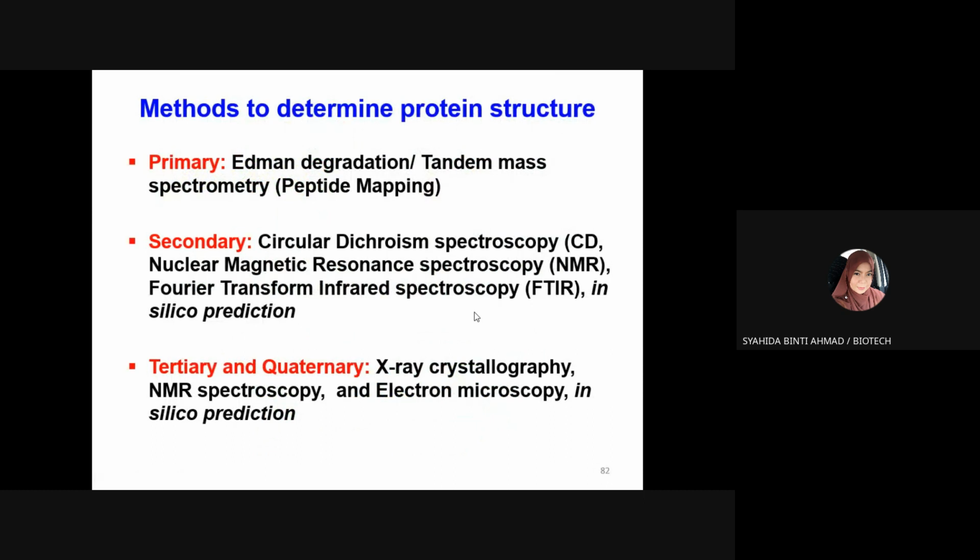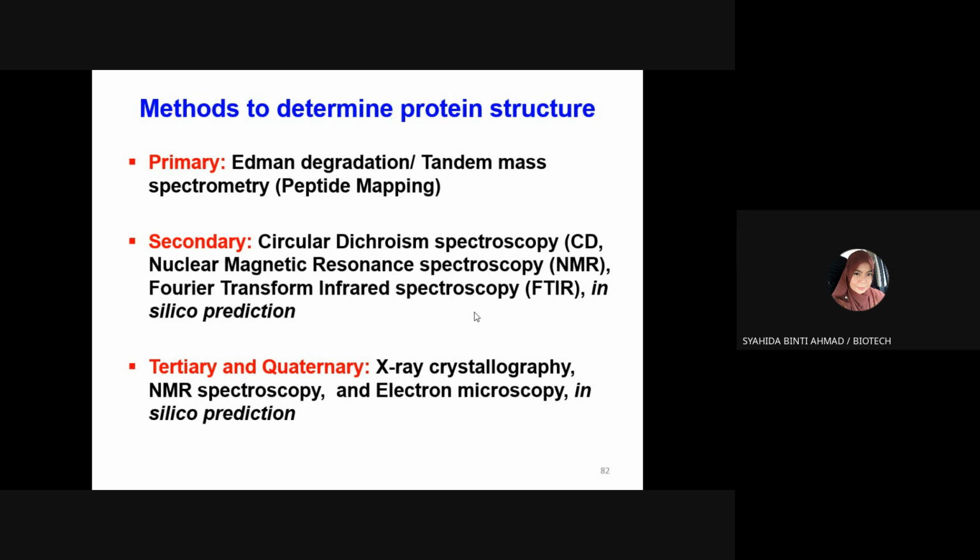And in the lab, usually we can do protein determination on the protein structure, but mostly these instruments are very high tech, and we don't have them in the faculty of biotech.